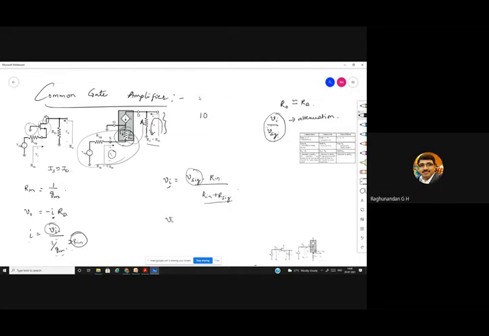So now Vi by V signal is equal to Rin by Rin plus signal resistance.